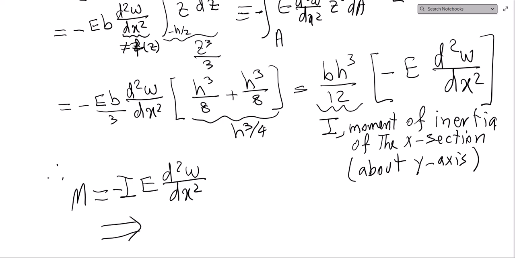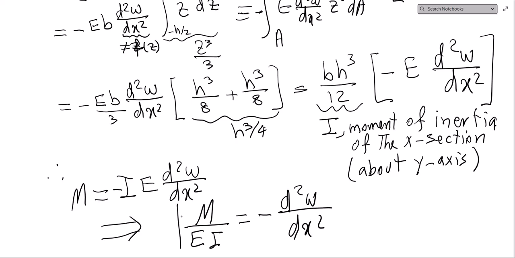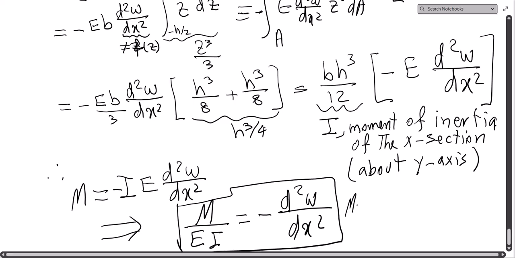Therefore, we can write it as M over EI is minus d2w/dx2. This is called the curvature moment or moment curvature relation.